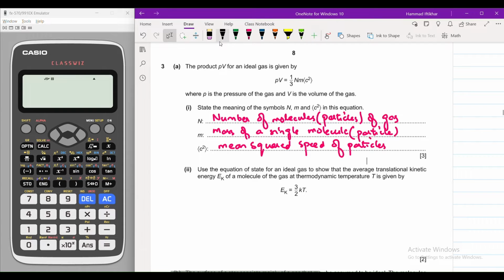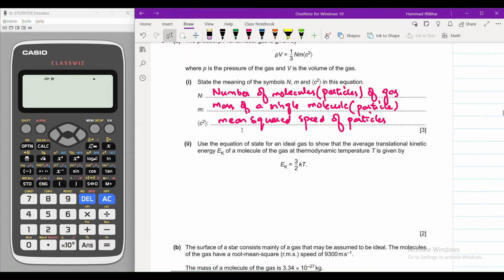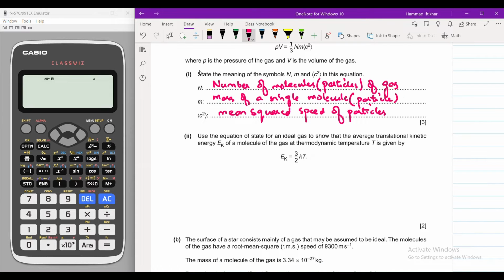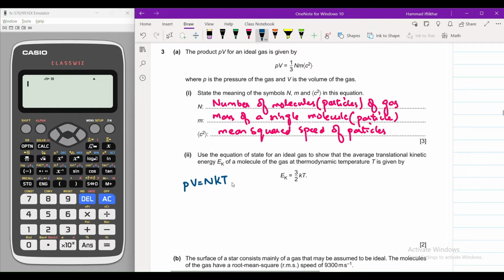Use the equation of state for an ideal gas to show that the average translational kinetic energy of a molecule of the gas at thermodynamic temperature T is given by EK is equal to 3 over 2 kT. Okay, since this is an ideal gas, PV is equal to NkT, and as above, this is also equal to 1 over 3 Nm mean squared speed. So these two are equal to each other.